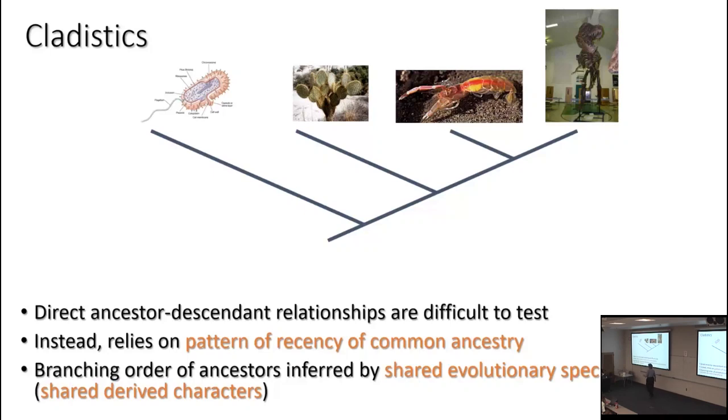It does not say that dinosaurs, a Tyrannosaurus rex, is a descendant of a modern shrimp, or that modern shrimp and dinosaurs are the descendants of cacti, or that all those animals and plants are the descendants of bacteria. But it is saying that shrimp and dinosaurs share a more recent common ancestor with each other than either does with plants, and that plants and animals collectively share a more recent common ancestor with each other than any of them do with bacteria.